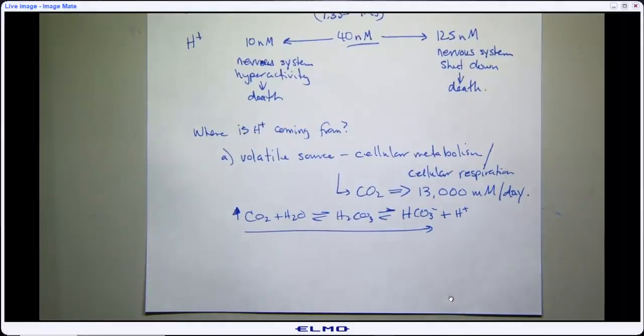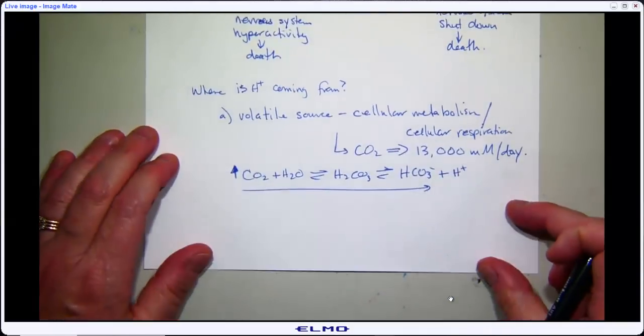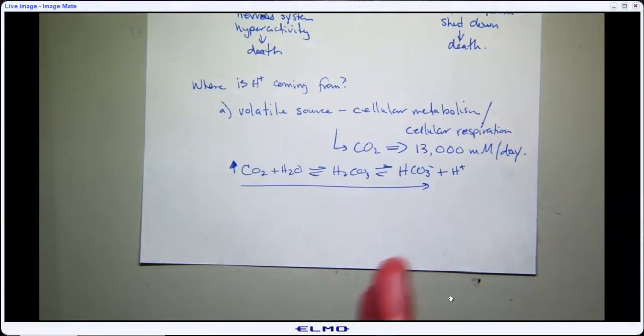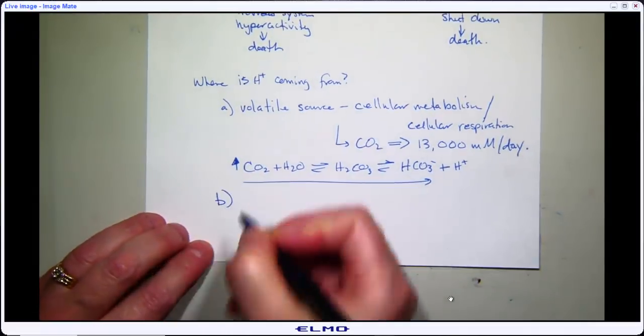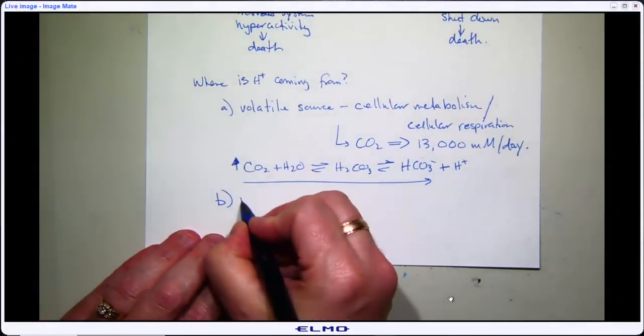We have a massive hydrogen ion load to handle. We're making 13,000 millimolar per day, and we have to manage it to 40 nanomolar. Okay? So this is an incredible task for the body to do. So we have that source of just cellular respiration, but then there's also non-volatile sources.